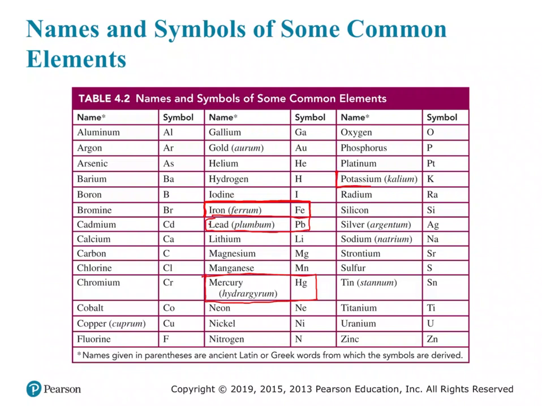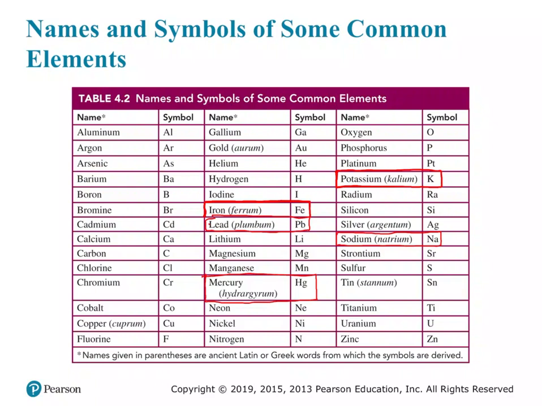Potassium has the symbol K, which comes from its original name, kalium. And there's a few other examples here as well. So sodium is actually a really good one. Its original name is natrium, and its symbol is Na. And actually, there are countries that still refer to sodium as natrium, so its original name.